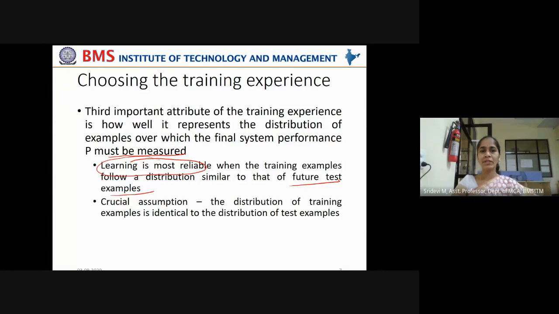So what is happening here? Try to understand the scenario. Learning is most reliable when the training examples follow a distribution similar to that of future test examples. Correct? But is that the case always? No. Does the checkers learning system always play against itself? No. If it is playing against itself, it always performs the best.